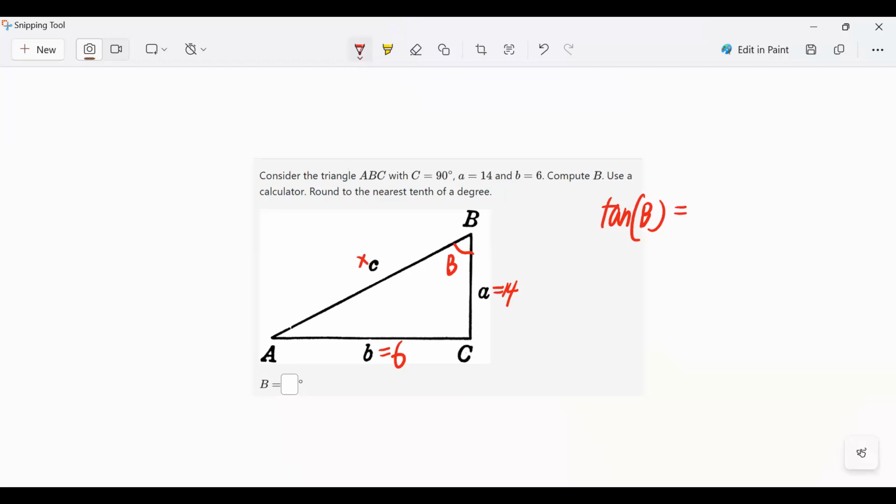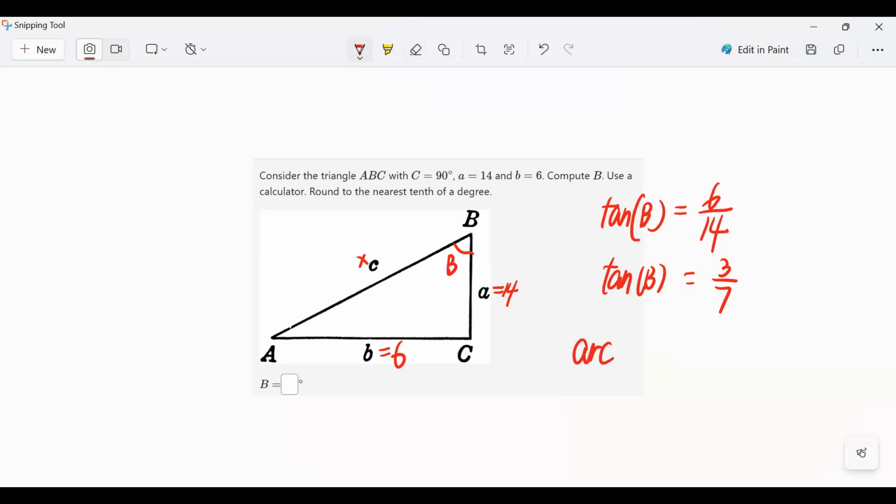Tangent of angle B is opposite over adjacent, so it's going to be B over A. So it's 6 over 14. If you reduce it, it's 3 over 7. Then we're going to do the inverse, right? We call this arctangent.